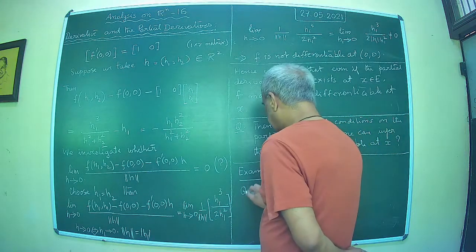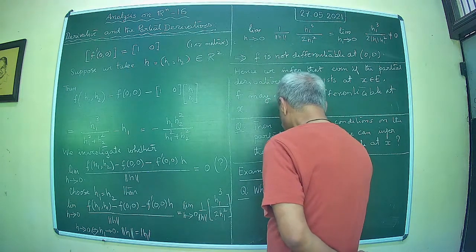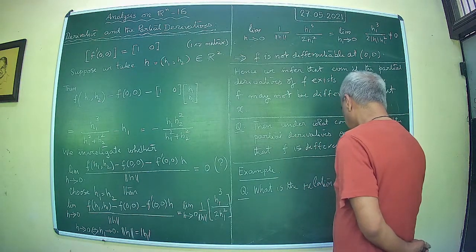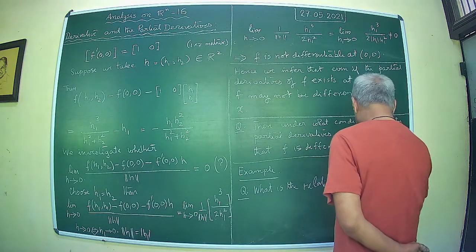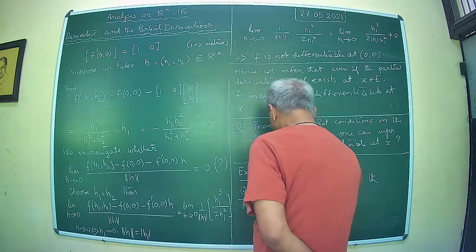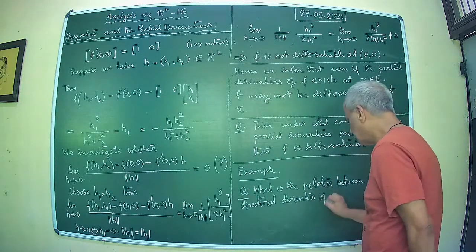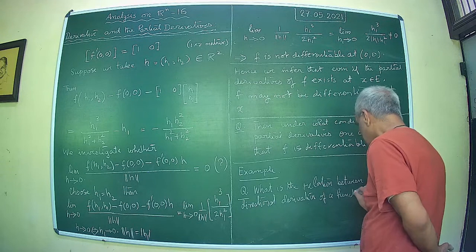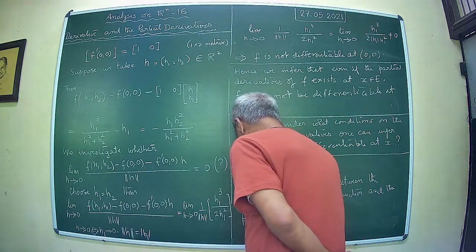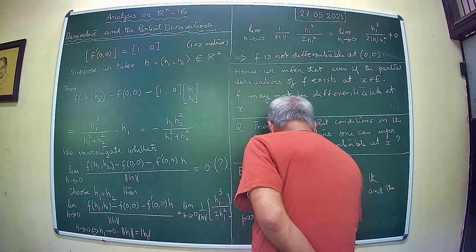The question that you ask is this: what is the relation between the directional derivative of a function and the partial derivatives, whenever they exist?